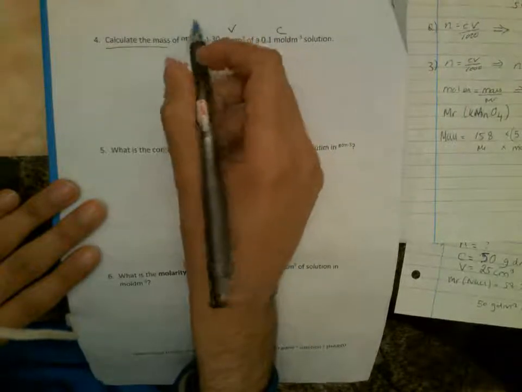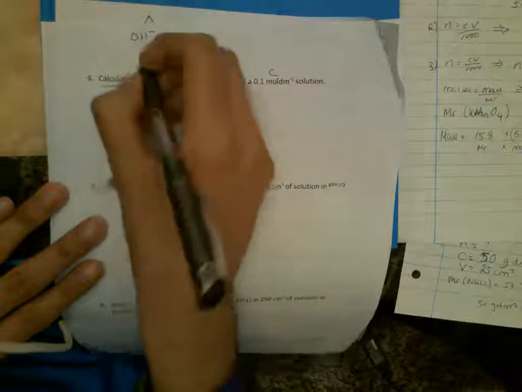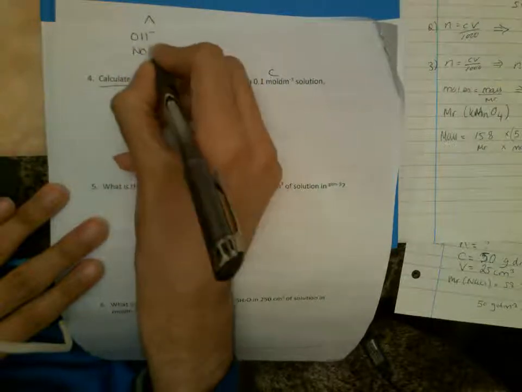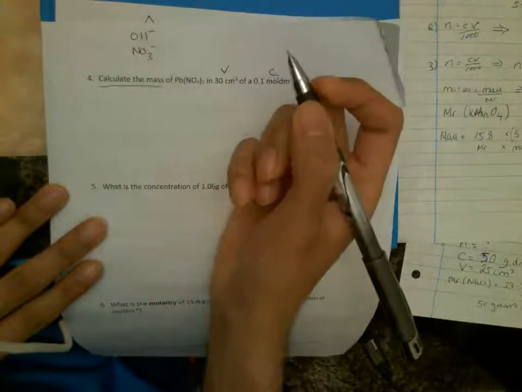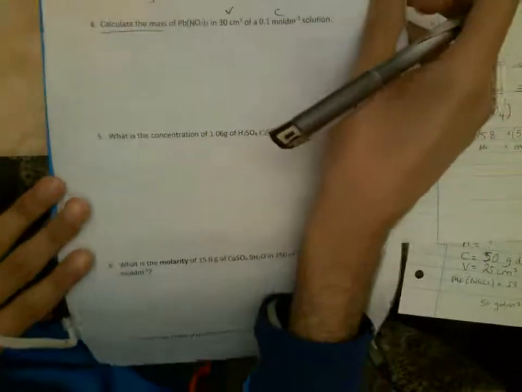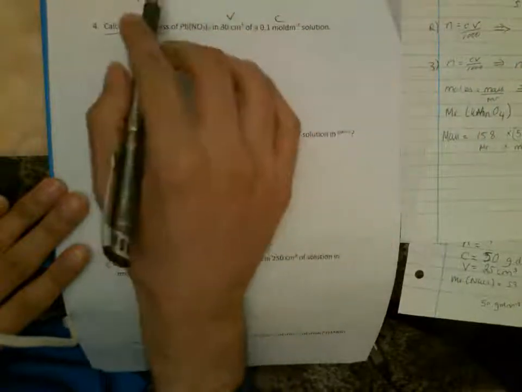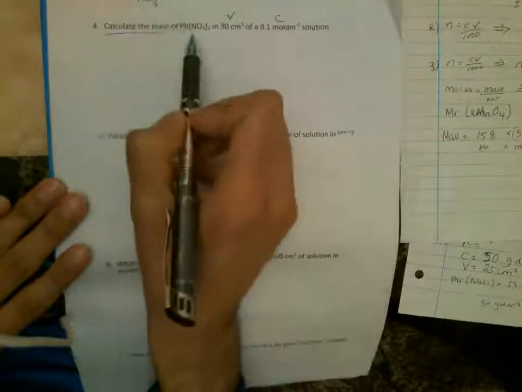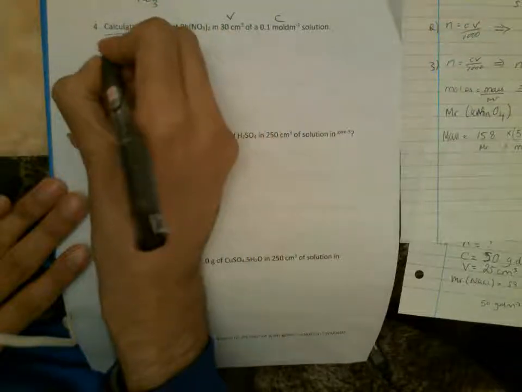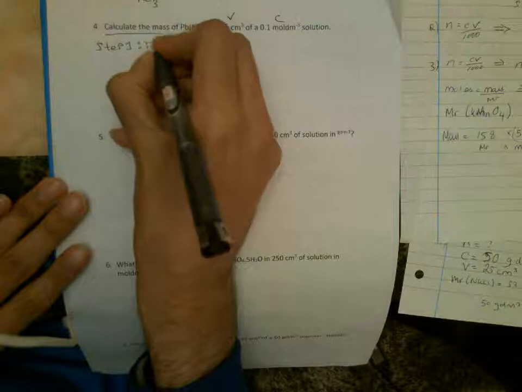The hydroxide ion, OH minus, and the nitrate ion, NO3 minus. These are some common ions, but I digress, this is not the topic for today. So calculate the mass. Again, step 1, find the moles.